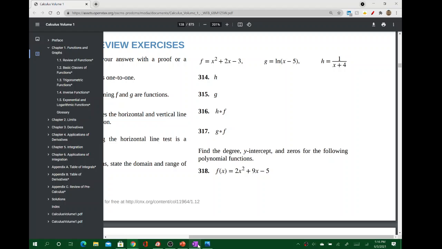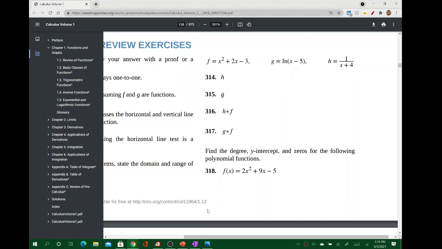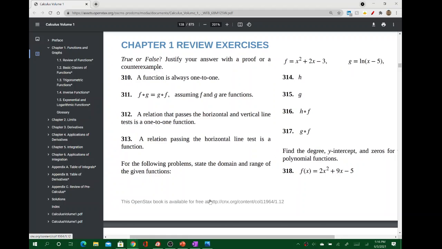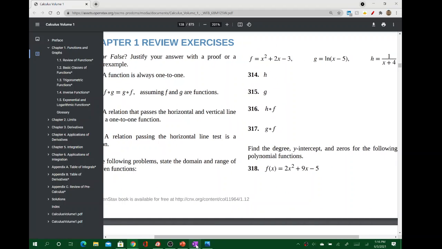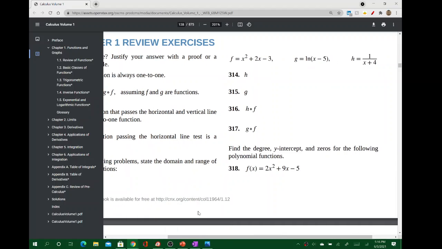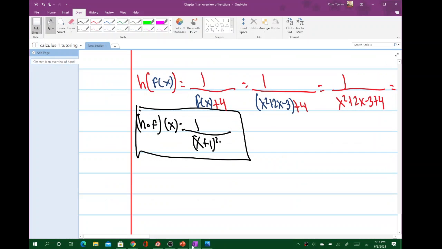And then they want us to find the domain of this.